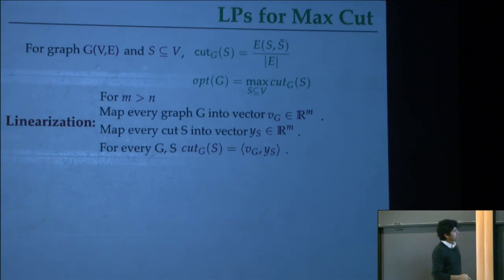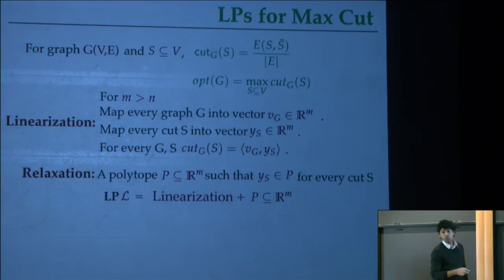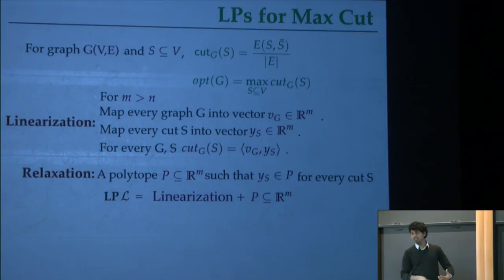Now, in the next step of the standard relaxation, we introduced a polytope to constrain our linearized vectors corresponding to cuts. We wrote these y variables for parameterizing the cut, and then we restricted y to some polytope.